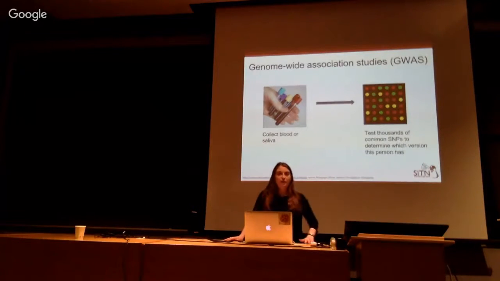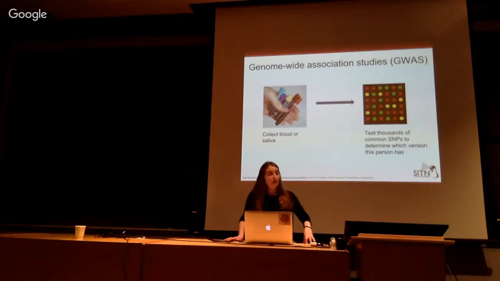So in order to perform a genome-wide association study, we need to obviously collect some genetic data from the people who are participating. So we collect either blood or saliva, and then we get the DNA from that sample, and we then test thousands of common SNPs to determine what version this particular person has. So this image that I'm showing you is a little cartoon that I drew myself, which we call a microarray, and I don't have time to get into the details of how this works.